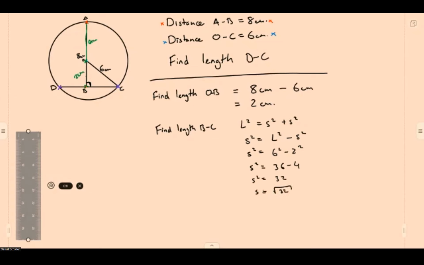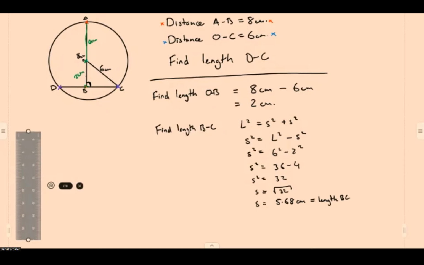This was in a calculator paper, so 5.68. So length BC is 5.68 centimeters.